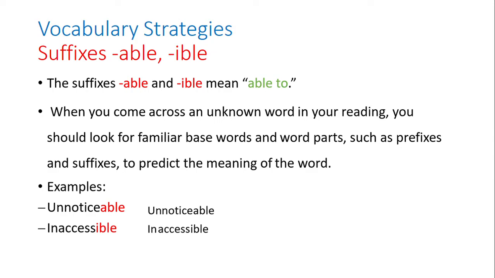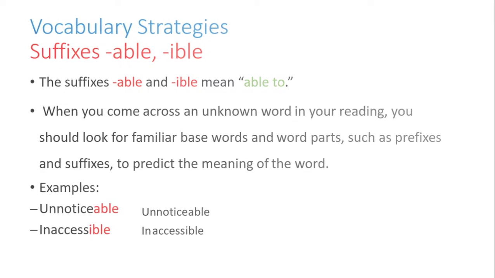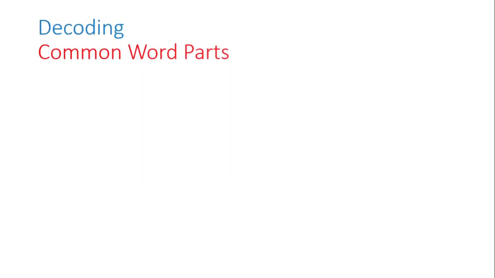So, guys, this idea about these suffixes will lead us to our second topic, which is decoding. And here, guys, about decoding, we're not only going to talk about the suffixes, we're going to talk about common word parts in general.